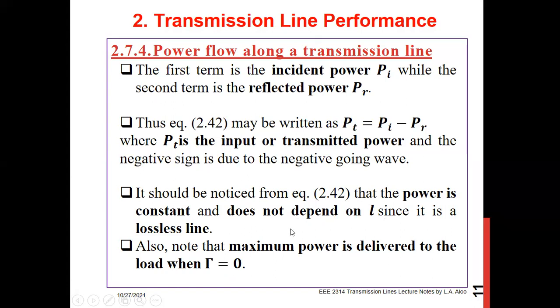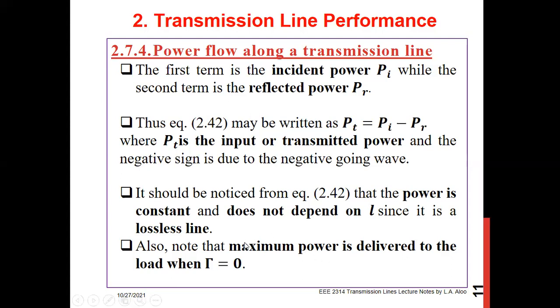In this case, it is because the line we have looked at is a lossless line, so power will remain constant. But if we had considered a lossy line, then the value of the average power would be dependent on the position on the line or the distance on the transmission line. But if the line is lossless, then the power remains constant throughout the length of the transmission line.